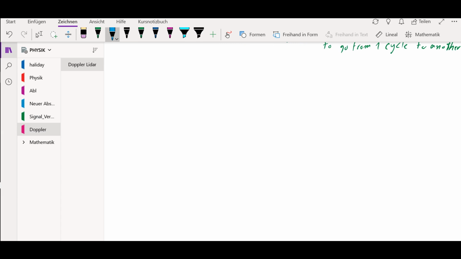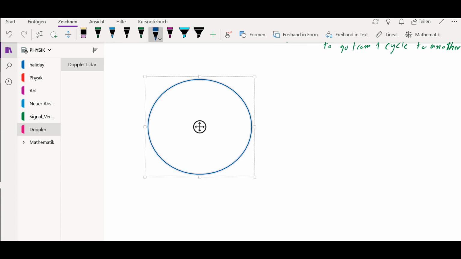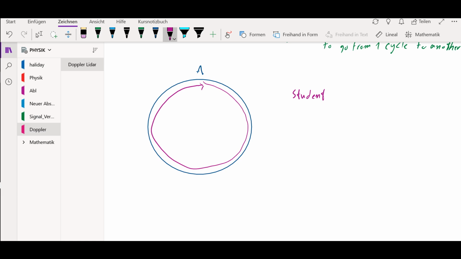Let's say I have a cycle and this is my cycle. It starts from point A. All the students have to run around this full cycle and come back again at exactly point A. Okay, student A has a velocity of 20 meters per second, and he completed 10 rounds in 4 minutes.